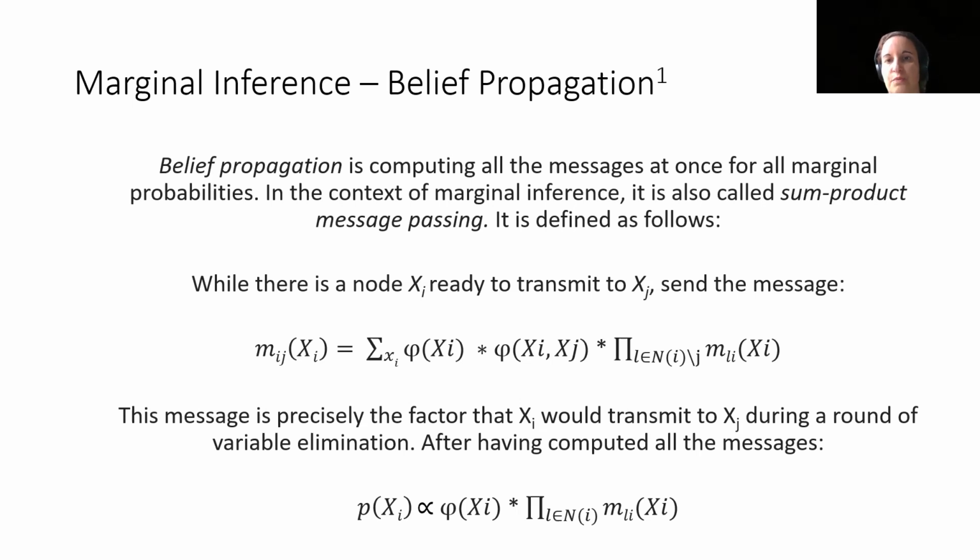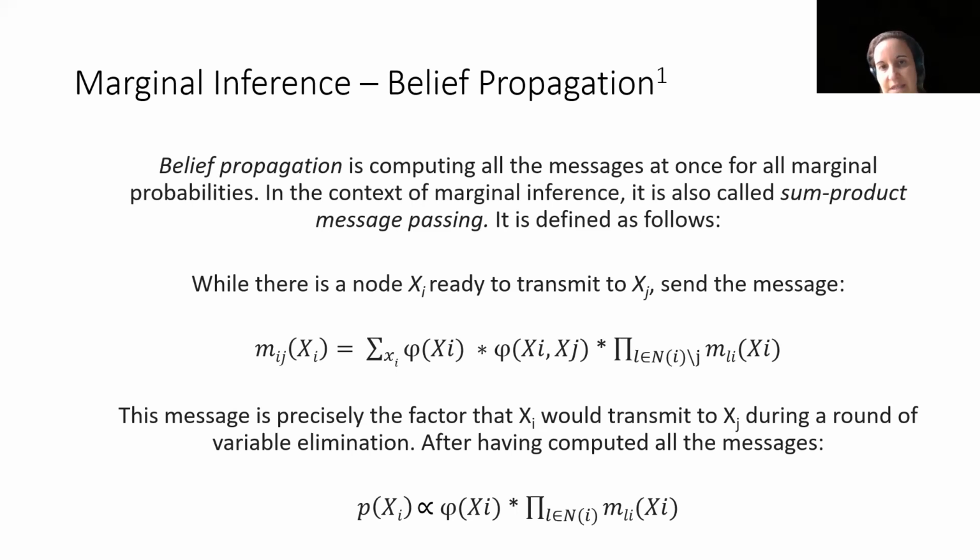Belief propagation is computing all the messages at once for all marginal probabilities. Once we have all the messages, we can choose which ones we need, based on the rooted tree, to create the marginal probabilities of a set or all of the nodes at the same time.